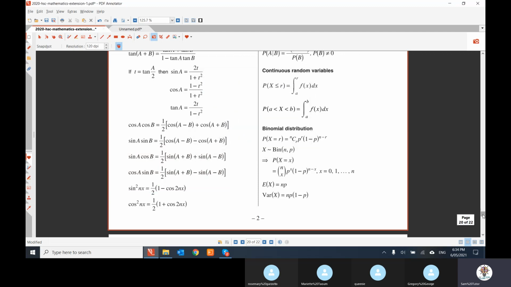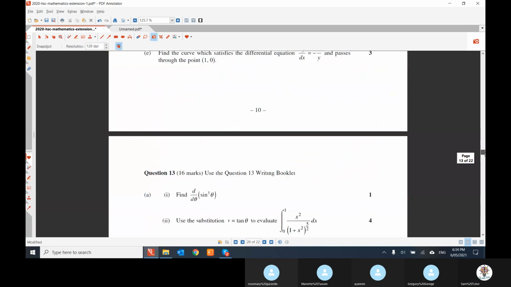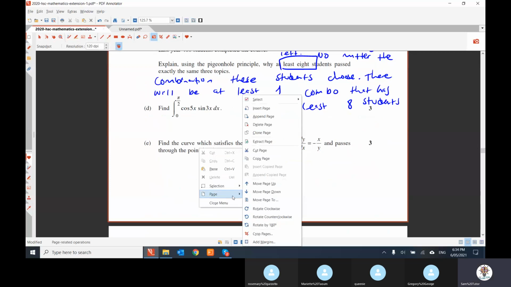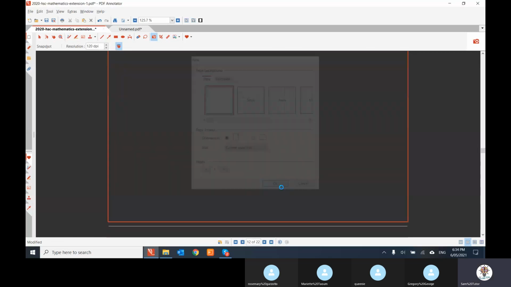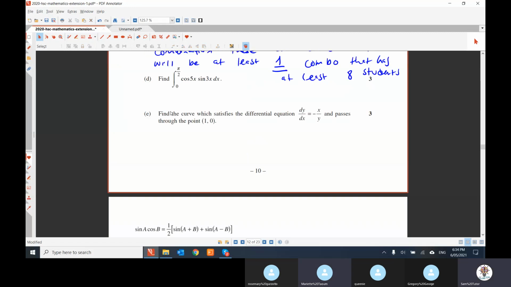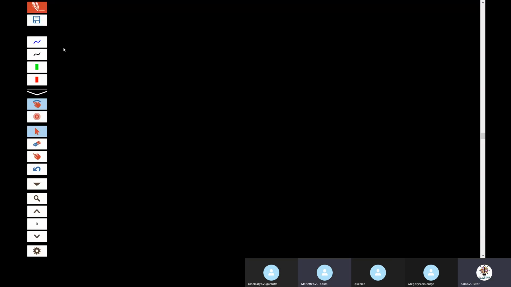Copy to clipboard, go up. Page, append. Mariette, you going okay? Yep. Am I going too fast? No. Okay.